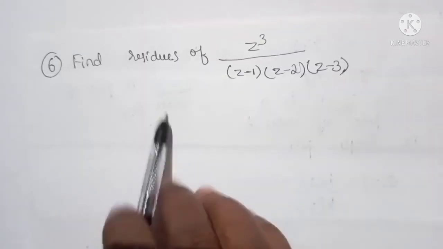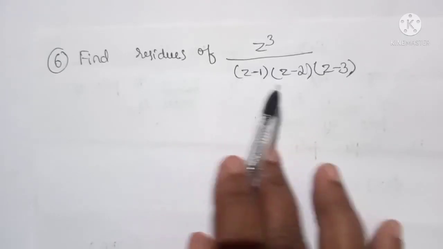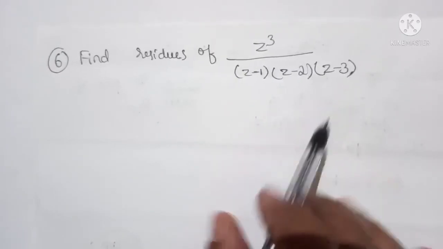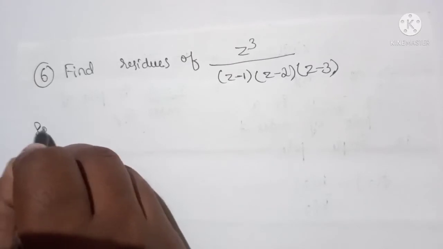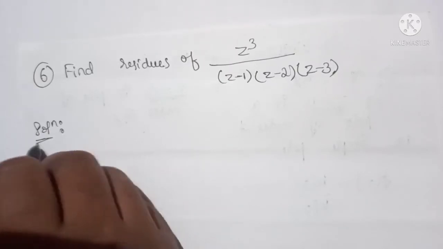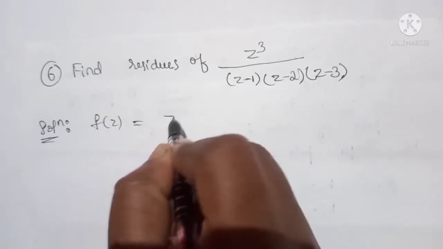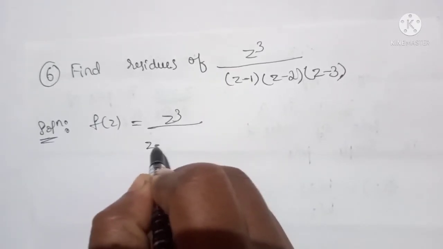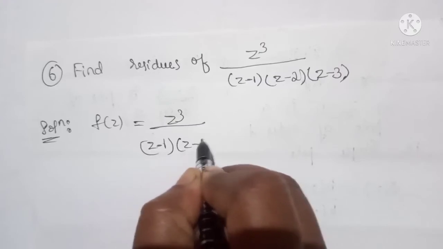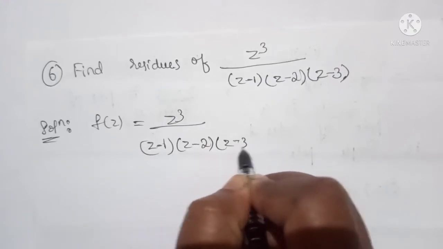Next problem: find the residue of z cube divided by z minus 1 into z minus 2 into z minus 3. It is a very simple problem. So f of z is z cube divided by z minus 1, z minus 2, z minus 3.